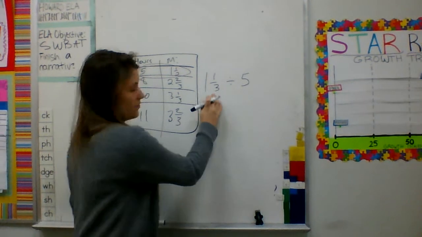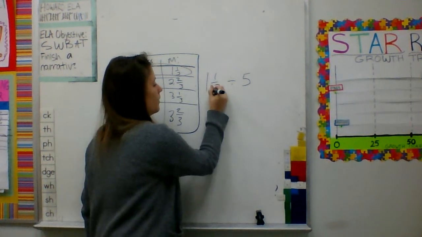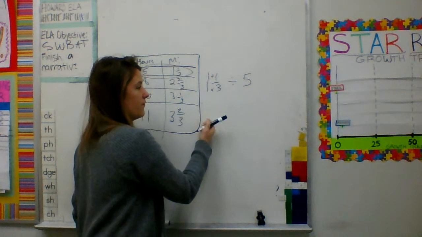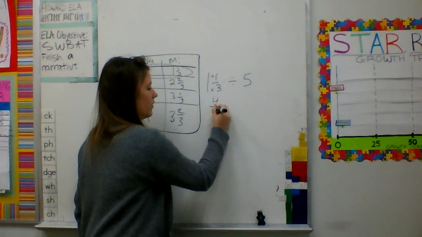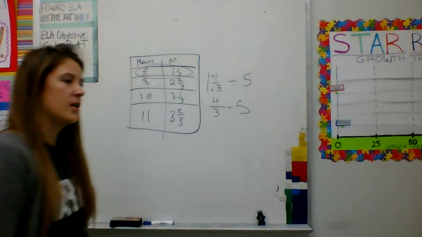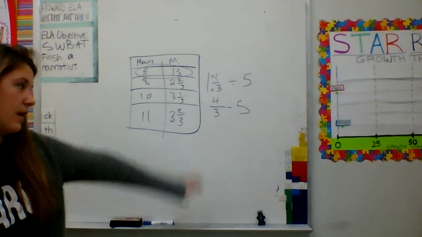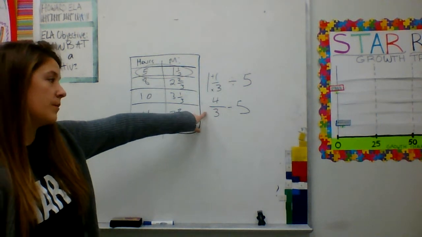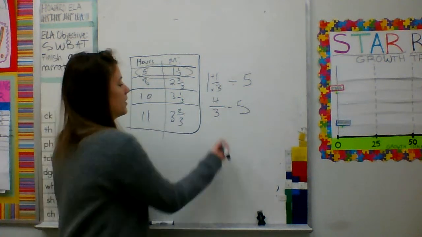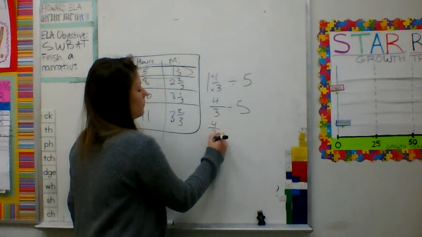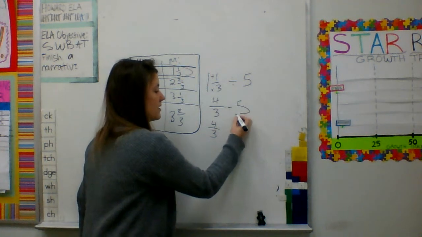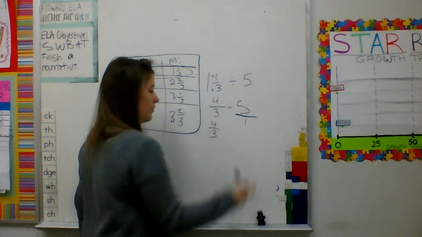First thing I want to do is make this improper. 3 times 1 is 3, plus 1 is 4. 4 over 3 divided by 5. Now when I'm dividing fractions, I have to do keep, multiply, and flip. So I'm going to keep my 4 over 3. I'm going to write this number as a fraction. 5 can be written as 5 over 1.